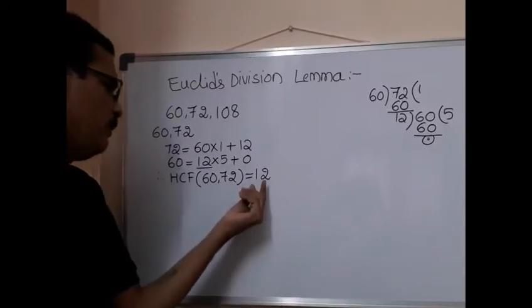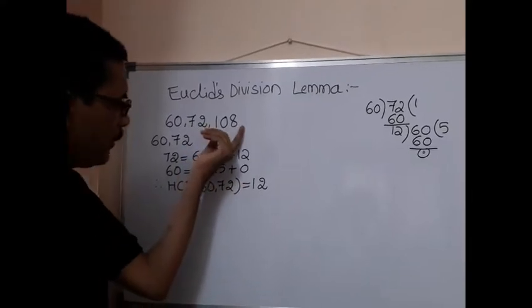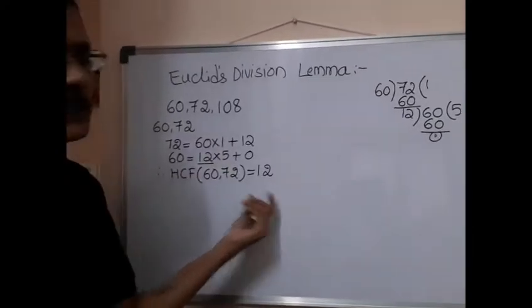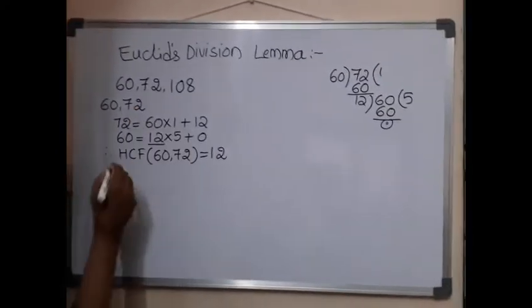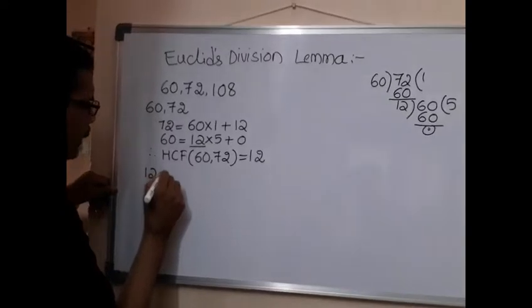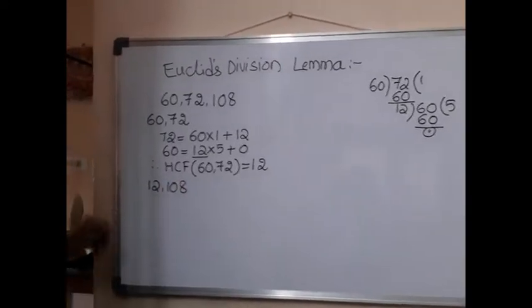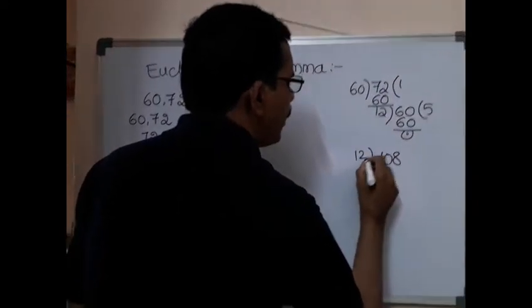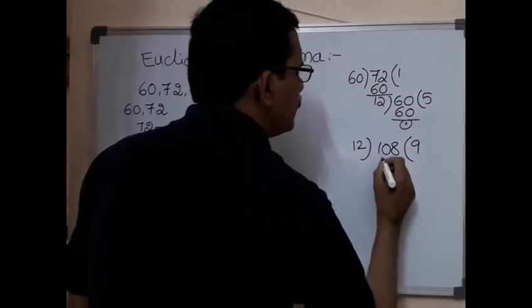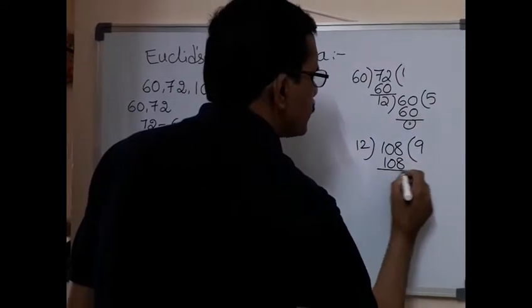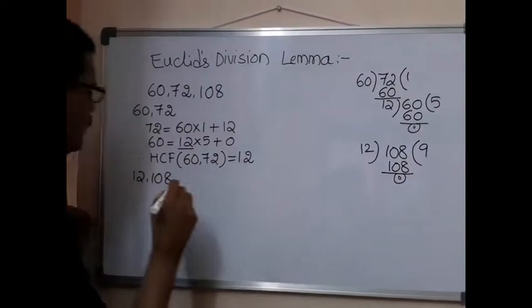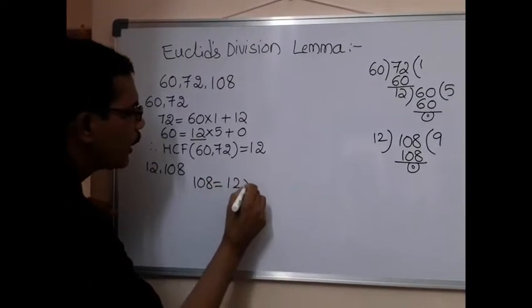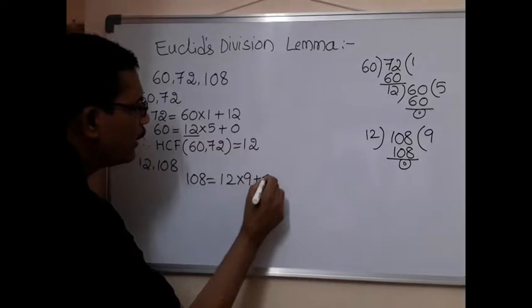This is the HCF of the first two numbers. Now we will find the HCF of the remaining number and this answer. That will become the final answer of this question. So 12 and 108. Dividing 108 by 12: 12 9s are 108, so remainder is 0. So 108 can be written as 12 into 9 plus 0.